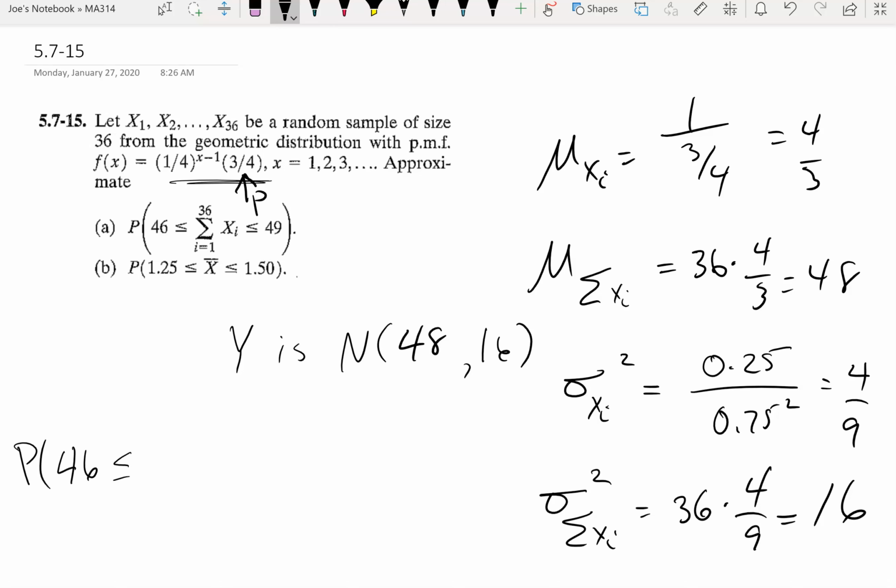All right, so what probability should we compute if we're trying to approximate? What does y have to be in between?